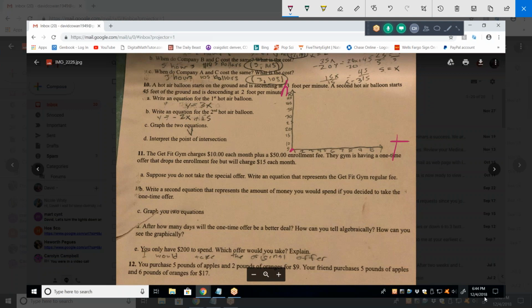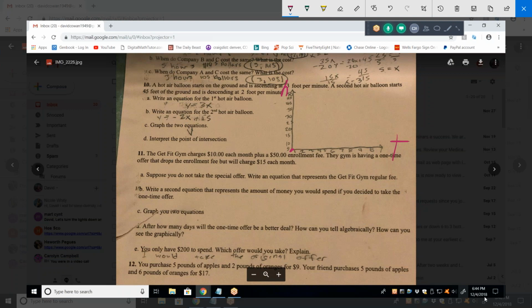So what's its y-intercept? The y-intercept would be 0. Correct. What's its slope? 0. No, its slope is the rate that it's going up. Oh, the rate that it's going up. Wait, I can't see it. 3 feet per minute.